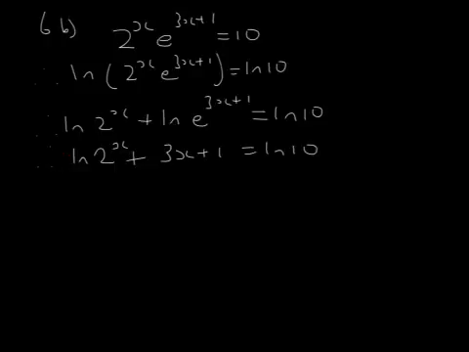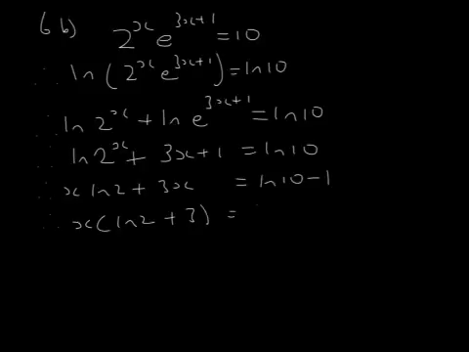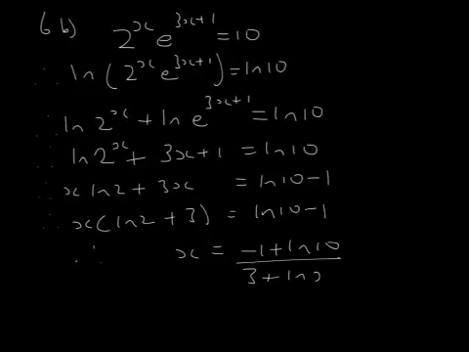This x comes down as a power, so x ln 2 plus 3x is ln 10 minus 1, putting the 1 on that side. X is now a factor, so therefore x equals ln 10 minus 1 over 3 plus ln 2, and that's in the format that they want.